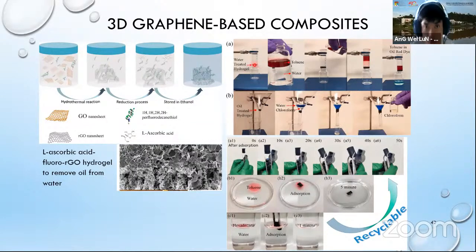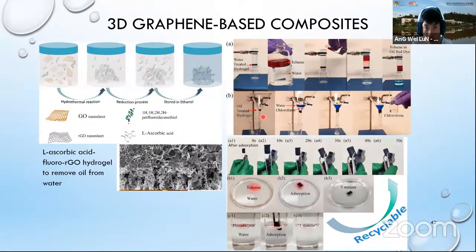Okay, it's actually in the form of hydrogel. Okay, so you see when they pour in the water with toluene, which is an organic solution, with water, you notice that the water is being filtered through, but the toluene is being prevented from moving to the other side. Okay, in another study it is the same.